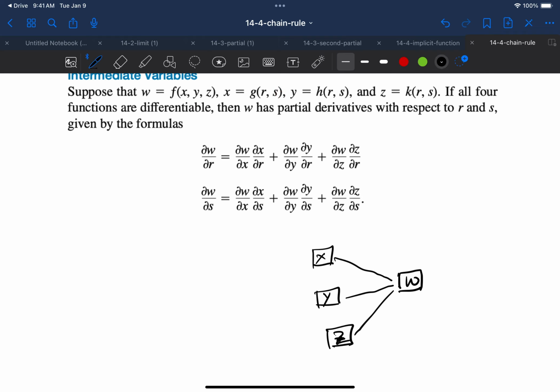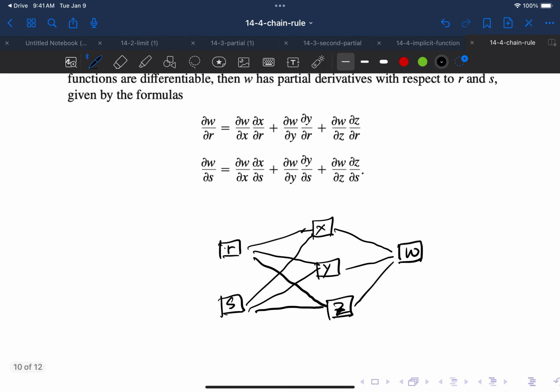So we have r and s. Then x depends on r and s, and y also depends on r and s. That comes from this; we call that h, but we don't have to write this down. And z is also depending on r and s.